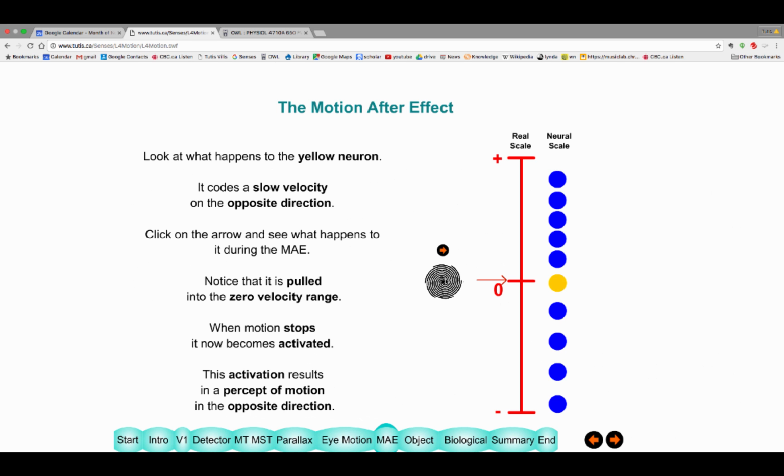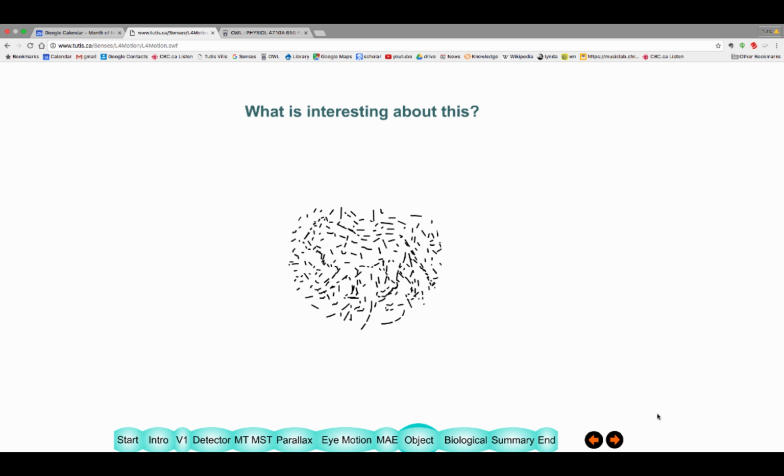Something that's nearly still would now activate this cell, but it was the cell calibrated to the opposite direction of motion. So when it's firing, you sense motion in the opposite direction again. So that's why that face appeared like it was moving towards you. Okay, what's interesting about this?